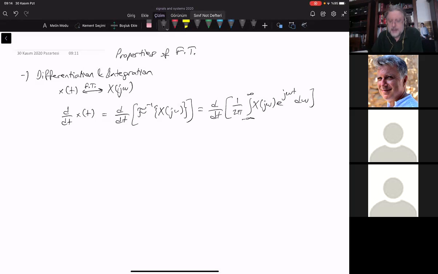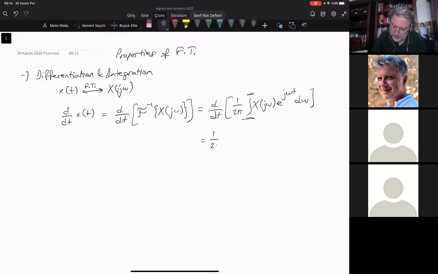Inside this expression, the only thing related to t is e to the j omega t. Integration and derivatives can be interchanged. They are linear operators, and the derivative operator can proceed inside the formula until the point where t is encountered. All the other things can be taken out of the derivative.